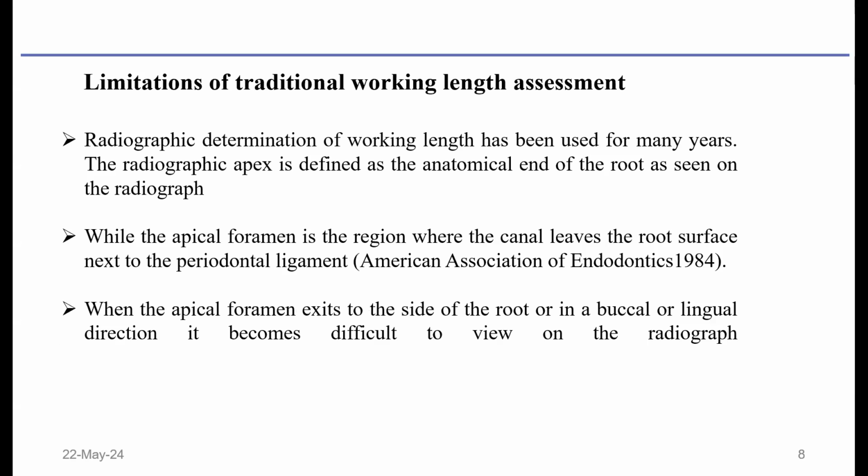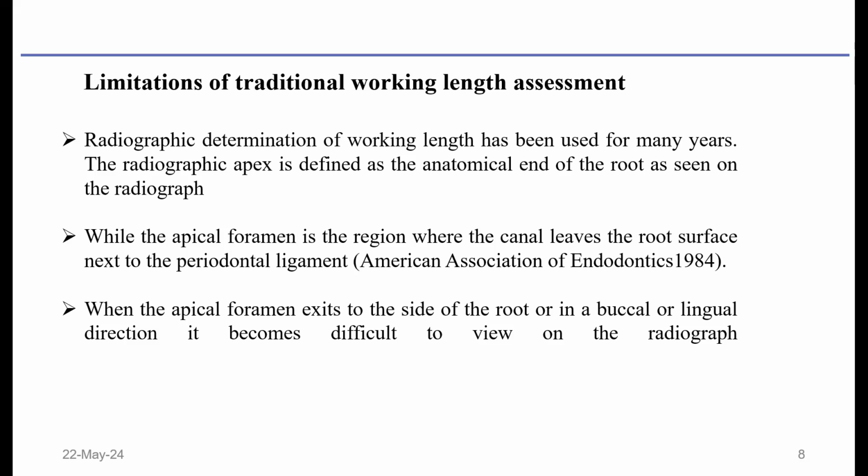The limitations of traditional working length assessment. The radiographic determination of working length has been used for many years. The radiographic apex is defined as the anatomical end of the root as seen on the radiograph, while the apical foramen is the region where the canal leaves the root surface next to the periodontal ligament.